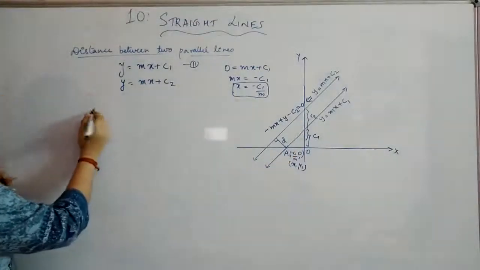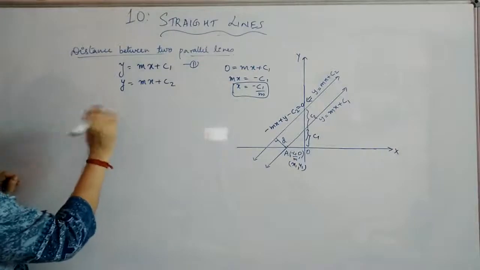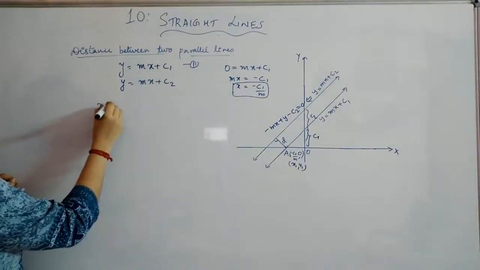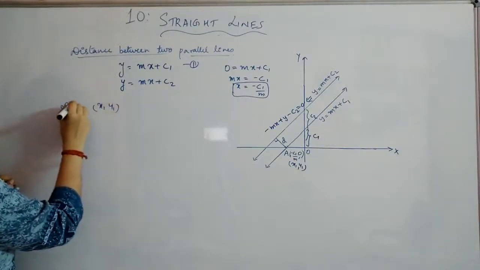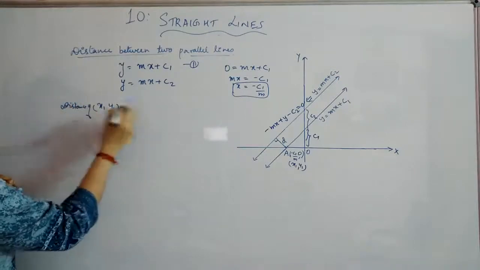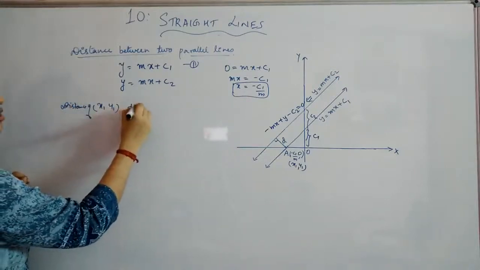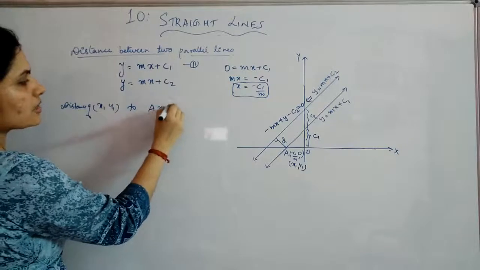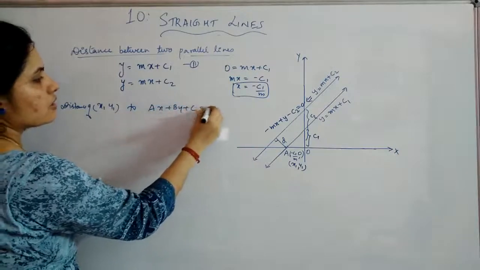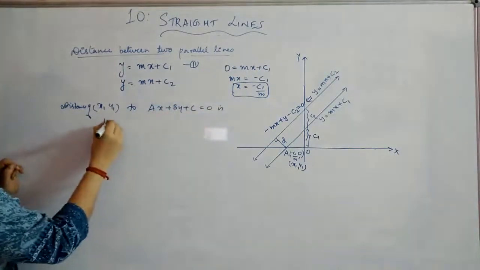Because if you have the line to be ax plus by plus c equal to 0 and the point is x1, y1, so the distance of the point x1, y1 to the line ax plus by plus c equal to 0 is given by, what is the distance?